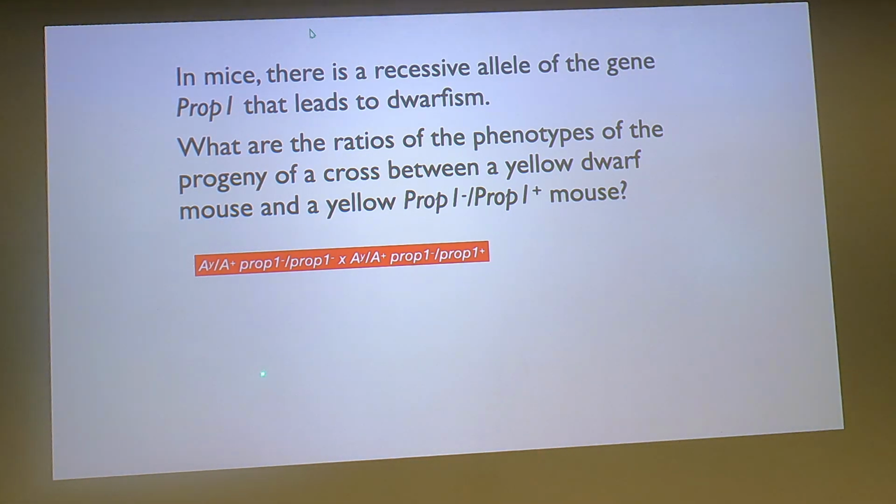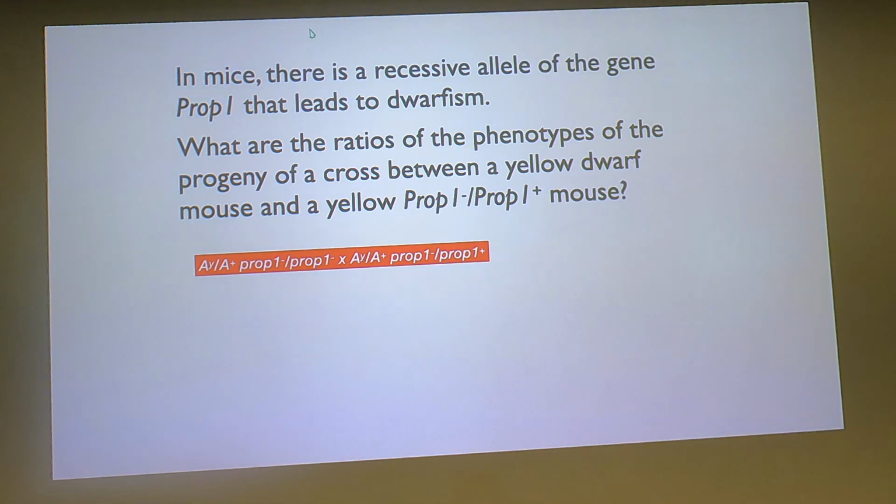So let's just look first at the yellow allele. We're taking A superscript Y, A plus, so it's wild type for agouti, AY by A plus. What will the progeny look like?